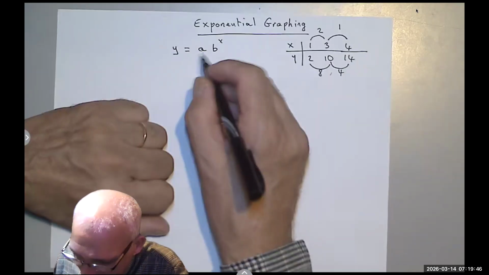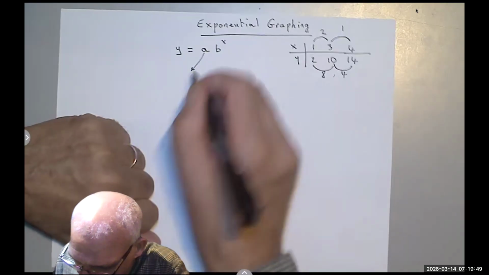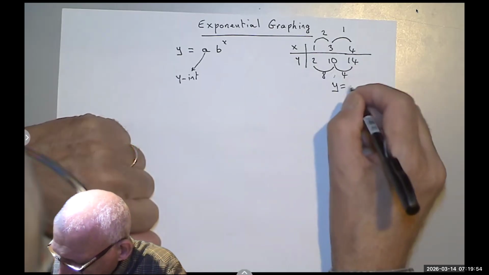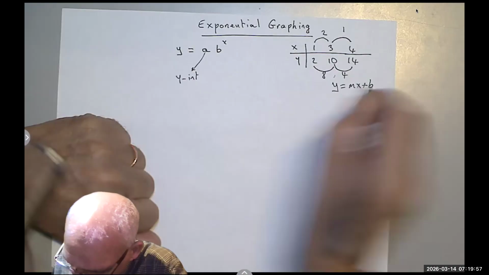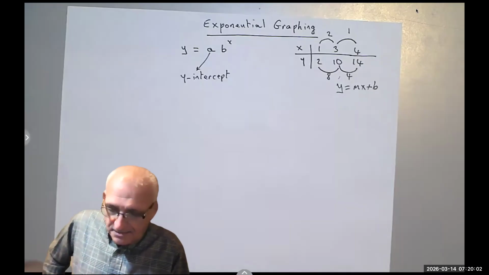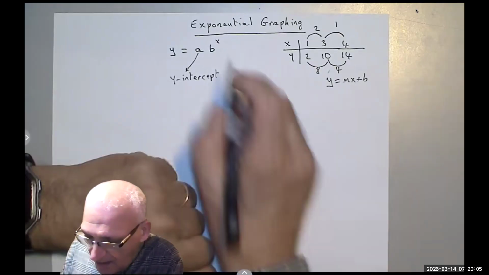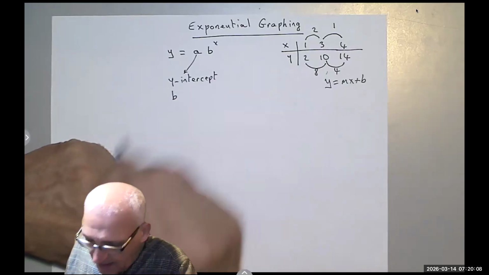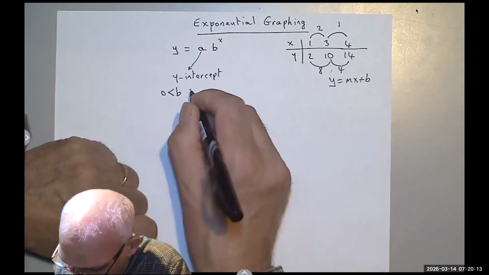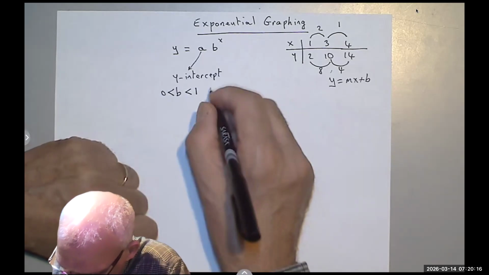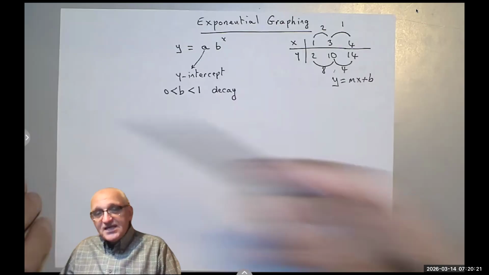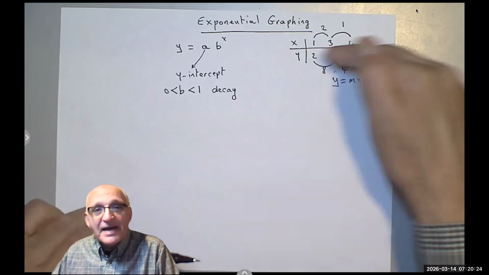But as we said, a here is the y-intercept, similar to the b when I said y equals mx plus b. But the b here, in what we are going to do, if it's between 0 and 1, that is a decay, meaning the function will keep decreasing by the same ratio, not by the same amount.